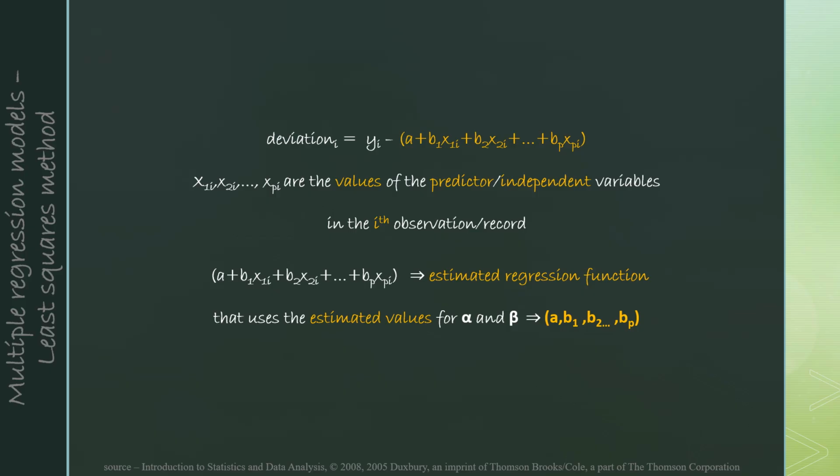And a plus b1 multiplied by x1i plus b2 multiplied by x2i plus and so on plus bp multiplied by xpi in the above equation is the estimated regression function that uses the estimated values for alpha and beta, which are a, b1, b2 and so on bp.